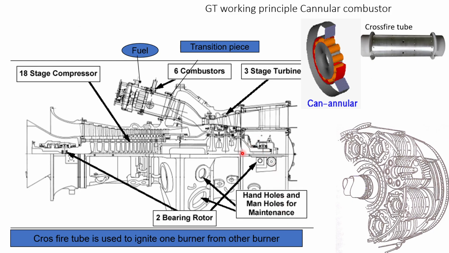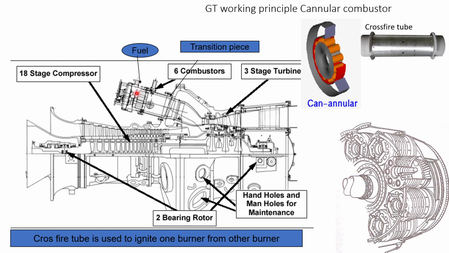Now we will be seeing some more components of the gas turbine. On the left hand side we have the compressor here. This is the combustion. Turbines have 6, 8, 10 or 12 combustors as per the size.